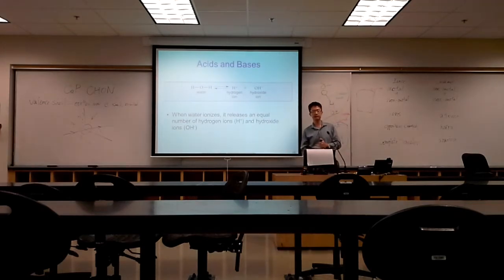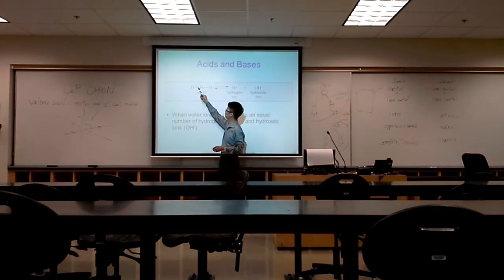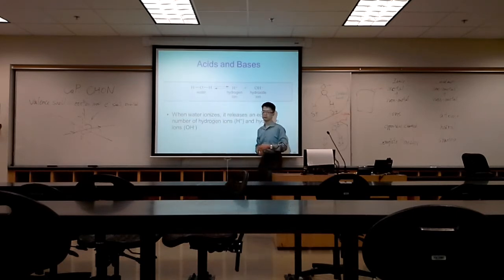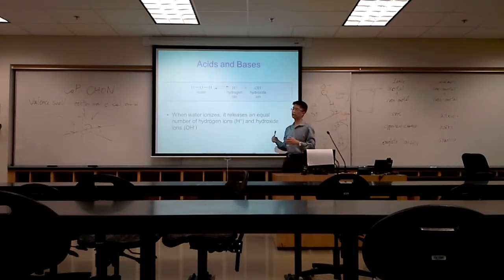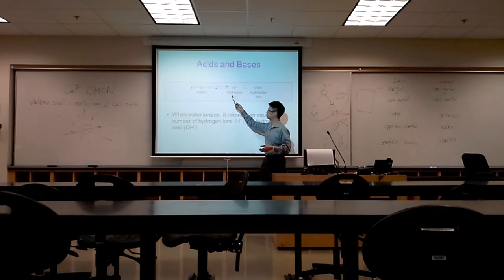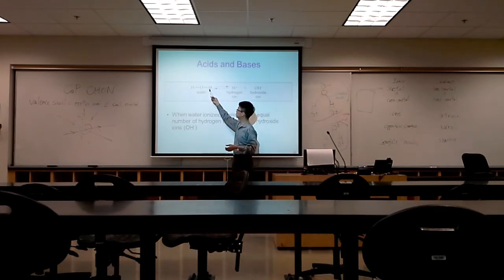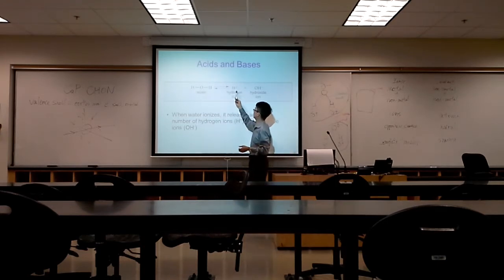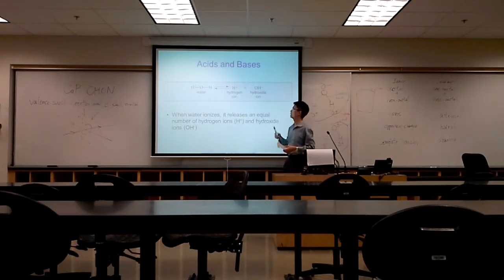Last topic is acids and bases. Water, as you know, is formed by covalent bonds, but water can dissociate, or you can assume that it is broken down into ions. From a neutral atom, it can become a charged ion.